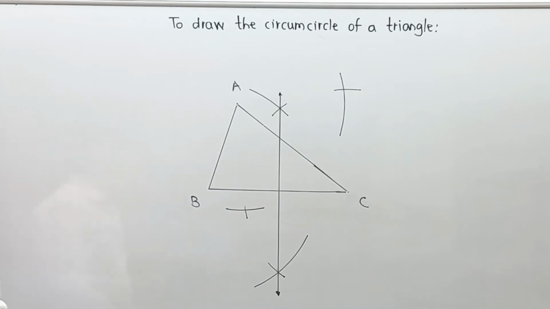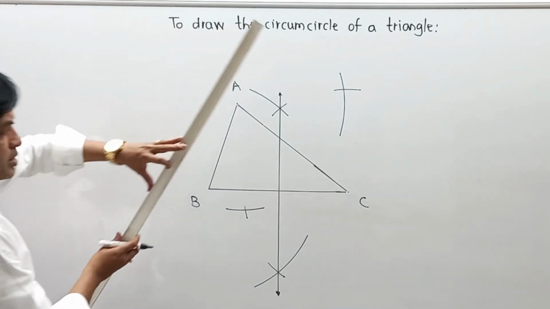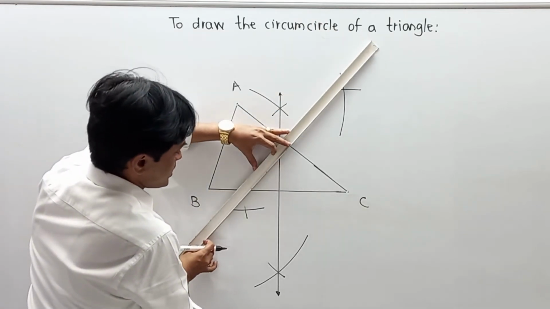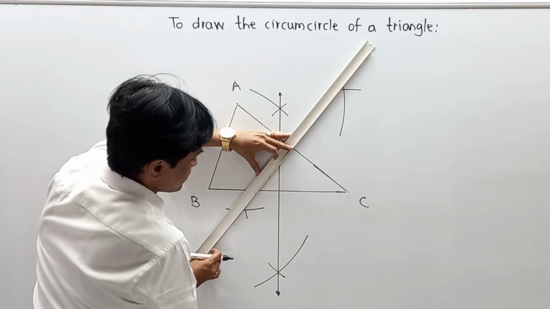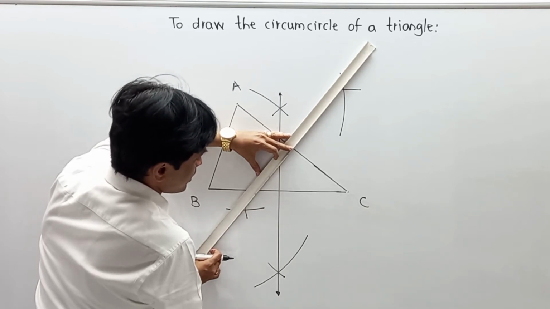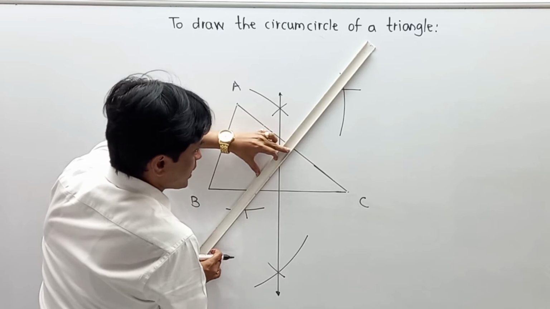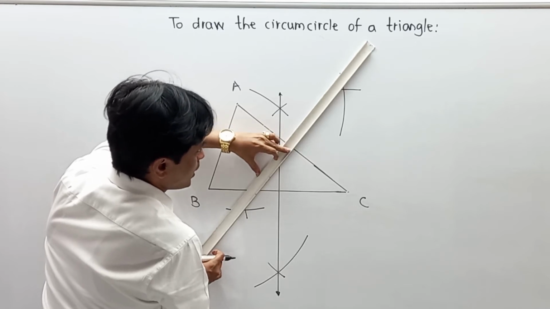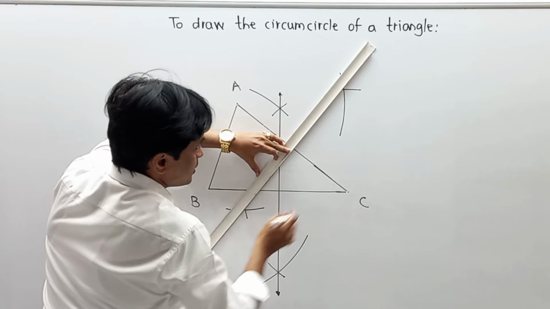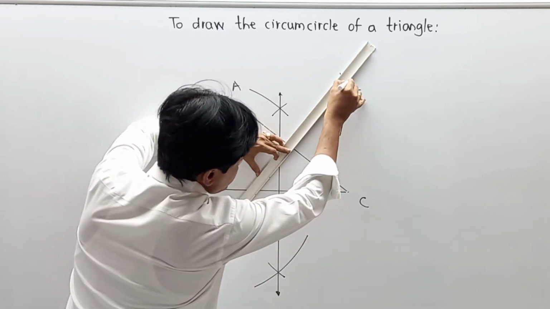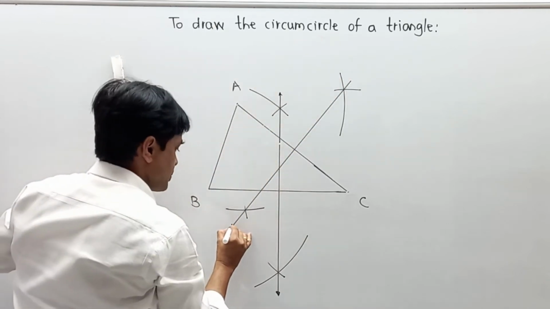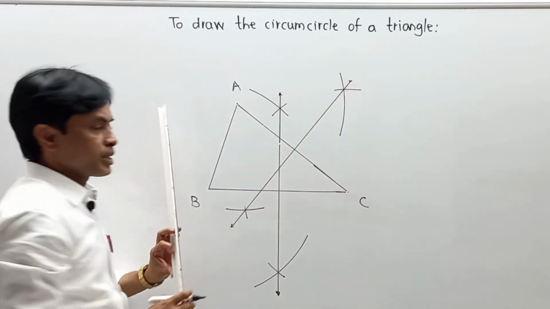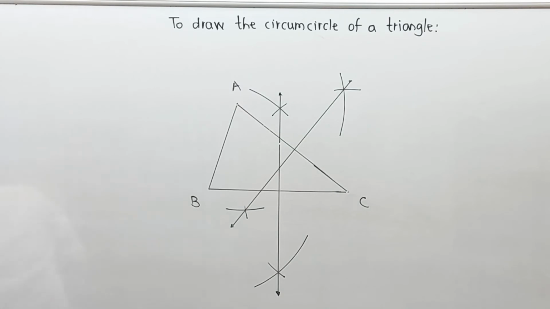Now again you get a second intersection point over here, and I am going to draw the segment which acts as the perpendicular bisector for AC. A small mistake can also make a great problem, so please draw it properly with your pencil. And in this way you are able to draw the second perpendicular bisector over here.